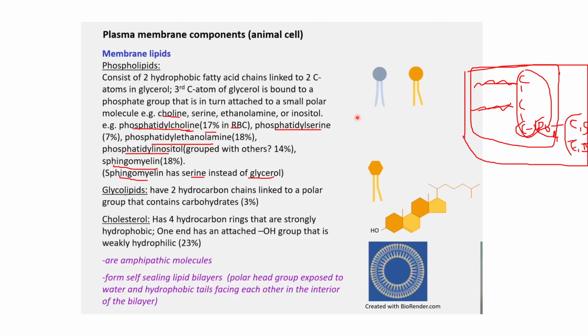So this constitutes the phospholipid. Glycolipid is also a membrane component, and glycolipid generally has two hydrocarbon chains.